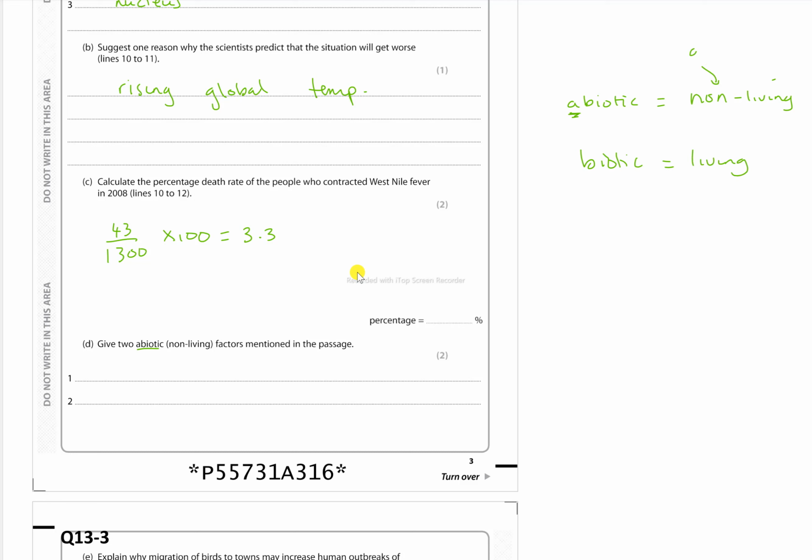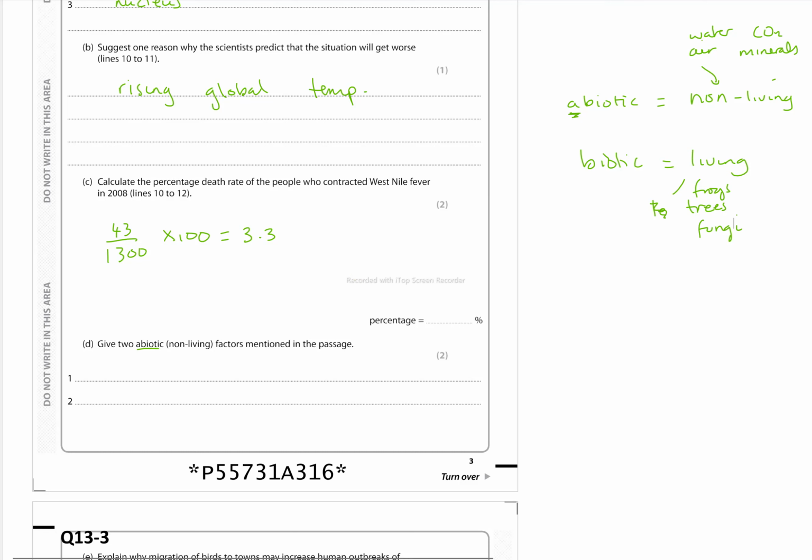So that might be the air, the water, the minerals, the carbon dioxide, etc. Living would be, for example, the trees, or the frogs, or the fungi.